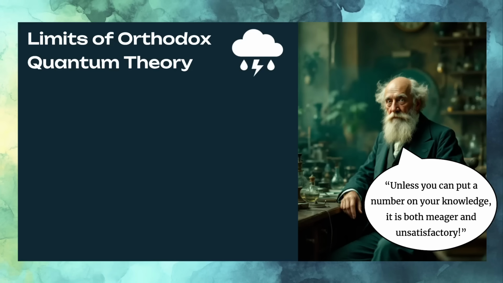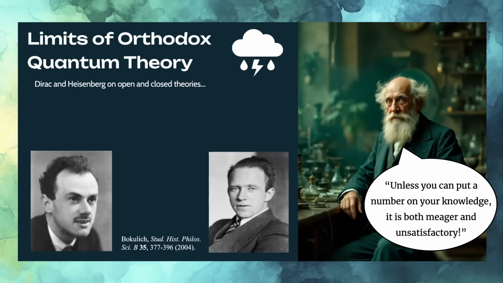Now, what is interesting about this is if you look back at the old dialogues between Dirac and Heisenberg, for example, they had their views about what really comprised a theory or what a theory should be composed of.